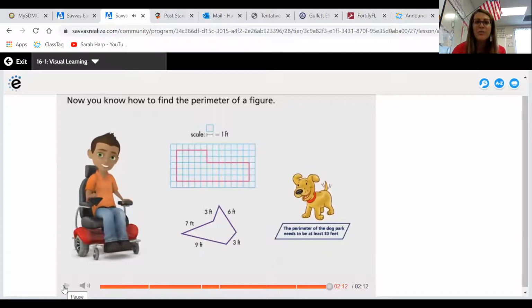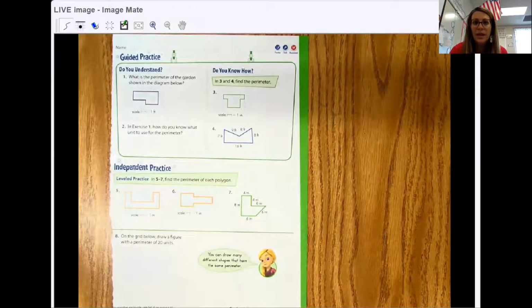All right, guys. So now that you have a little bit better understanding, let's go ahead and make sure you have that topic 2 book. I'm going to share my page with you, and we're going to practice some together. Okay? So I am going to share my page, and you should be able to see. Yep.